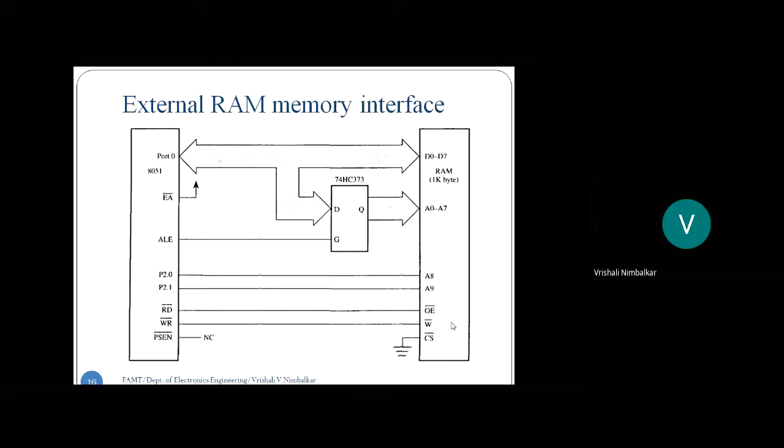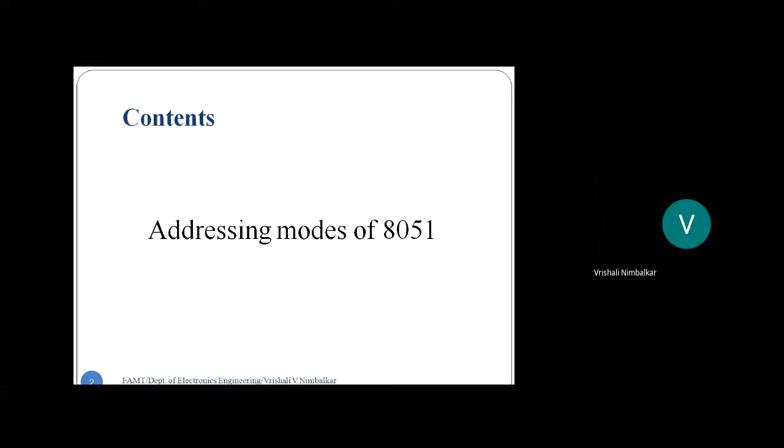So students, here we end up with memory organization. Mostly the question asked in our exam is: explain the internal RAM memory organization of 8051. You need to draw the diagram and explain 4 banks, byte address, bit address, and general purpose area, as well as stack pointer.